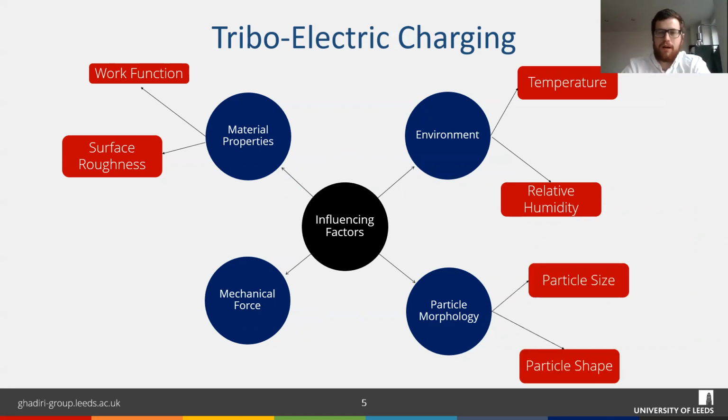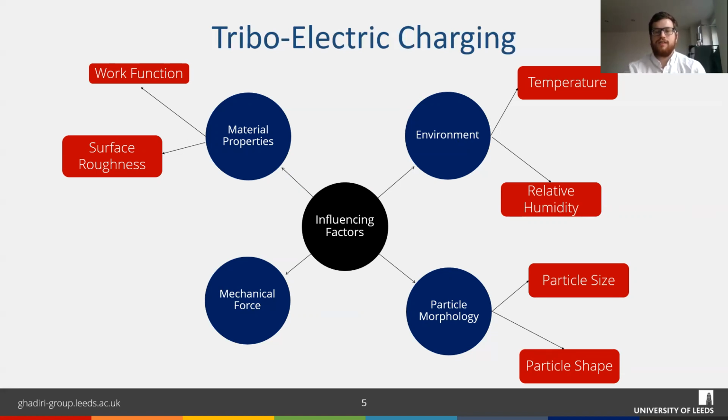Particle morphology. So we've got particle size, and essentially large particles charge more due to their greater area, but in fact, smaller particles will give you a greater specific charge due to their greater specific area. And then you have something called bipolar charging, which is when you could have just a single component system of one material, but if you've got different particle sizes in there, you can actually observe charging between the same materials.